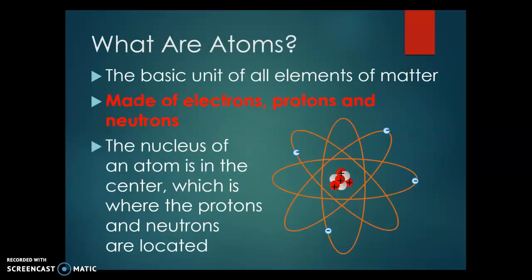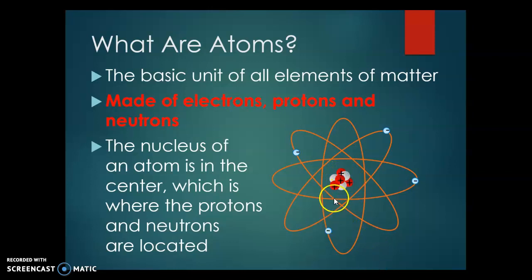But before we get into electricity, we have to understand atoms. Well, what are atoms? Atoms are the basic units of all elements. That's the first thing that you can write into your notebook. They're made of electrons, protons, and neutrons. As you can see, I have my electrons right here. I have my protons with the positive sign, and my neutrons are the gray particles right here.